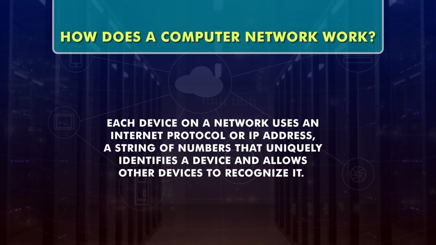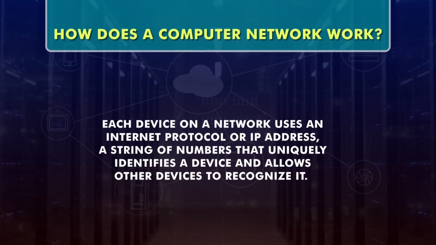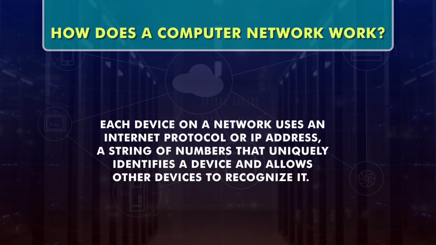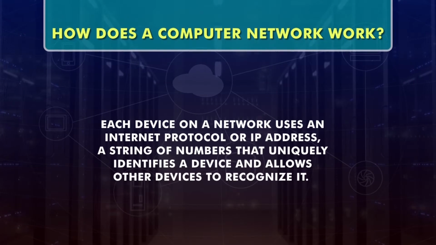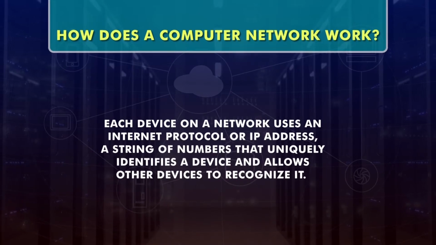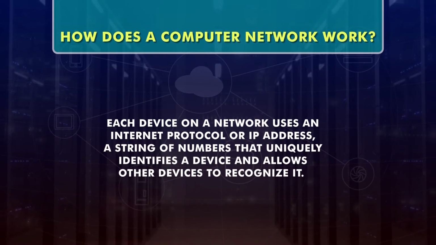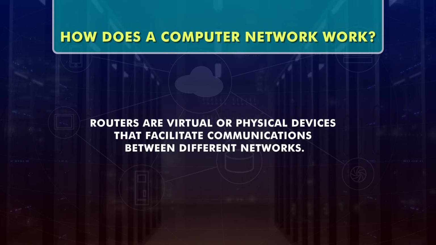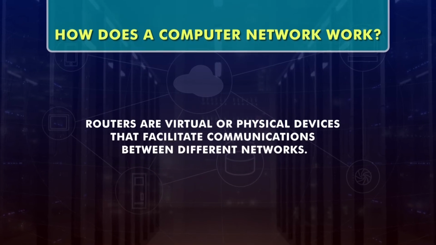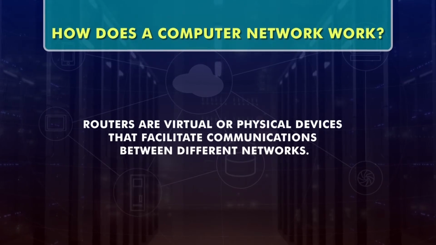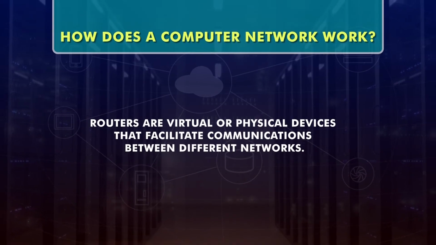Each device on a network uses an Internet Protocol or IP address, that is nothing but a string of numbers that uniquely identifies a device and allows other devices to recognize it. Routers are virtual or physical devices that facilitate communications between different networks.